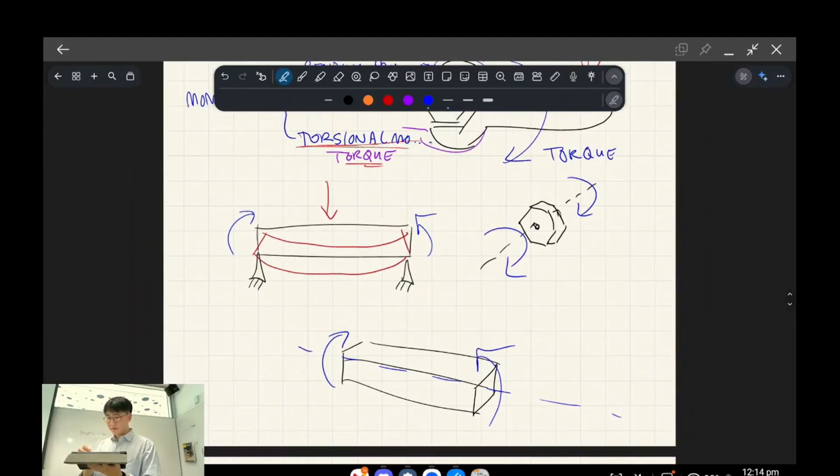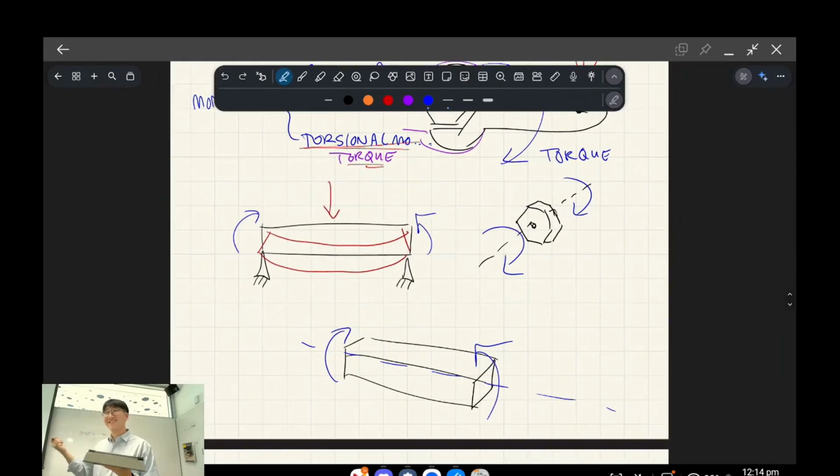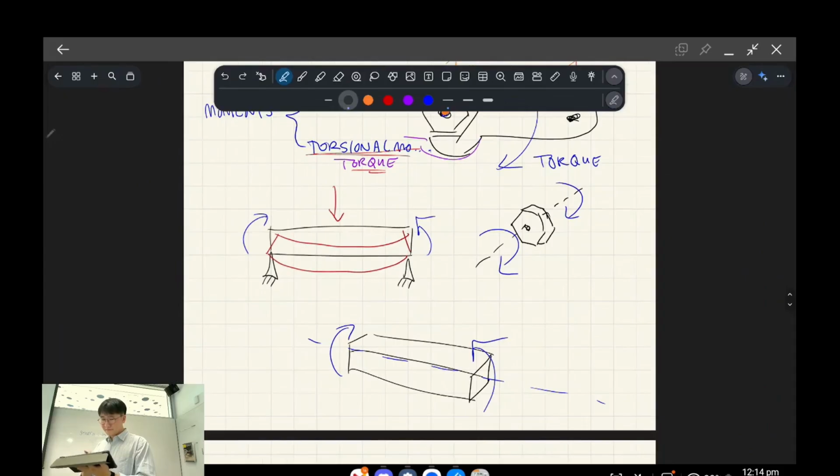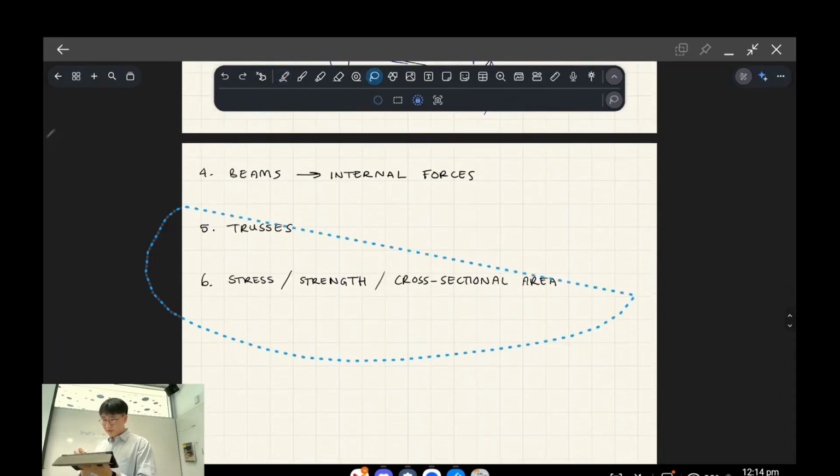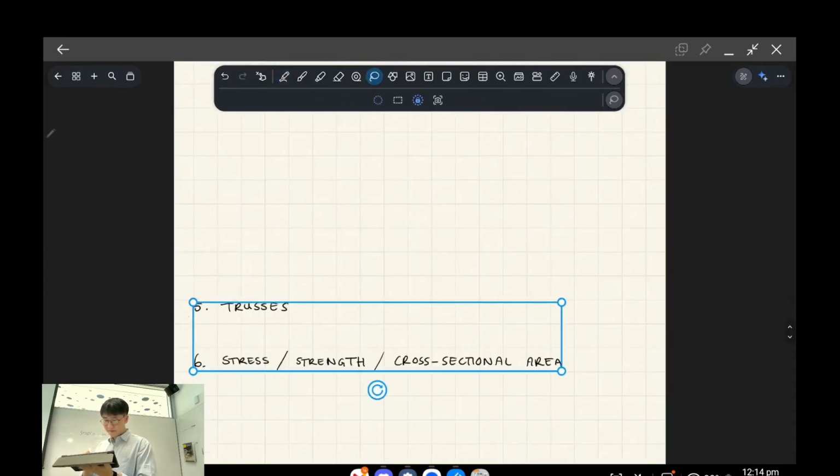So you can probably see quite visually here how a bending moment would be different to a torsional moment or a torque. Okay, any questions about that? Okay, so that's bending in this moment equilibrium as well. Okay, so just talking about beams for a second, right?